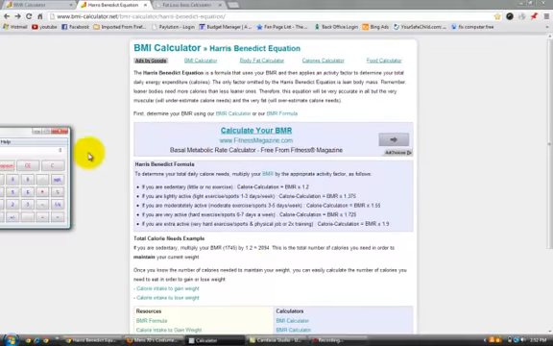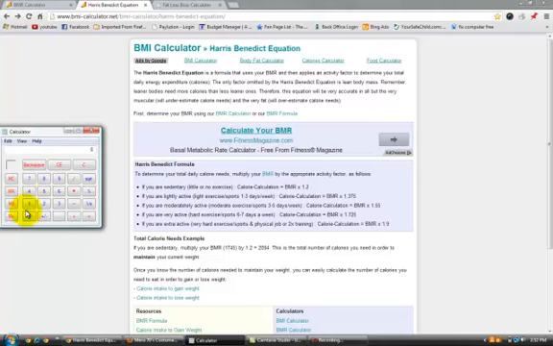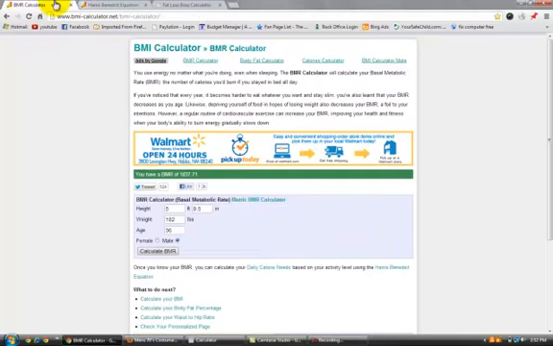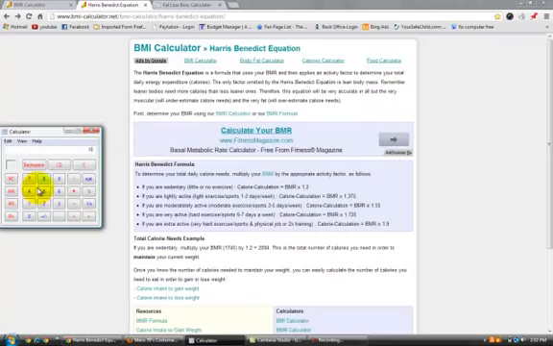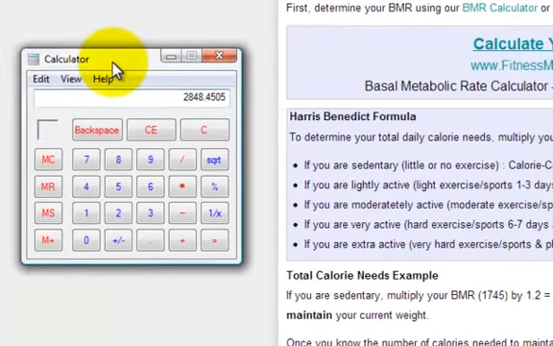I have a calculator up here. Mine is 1837.71 times, and I do moderate exercise, so I would multiply it by 1.55, and that would equal 2848.